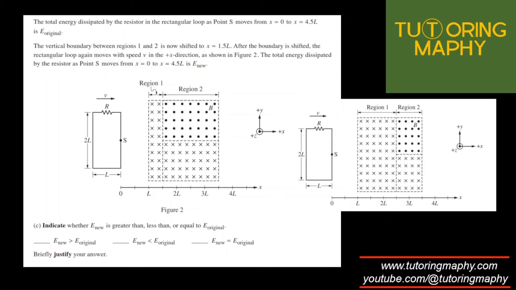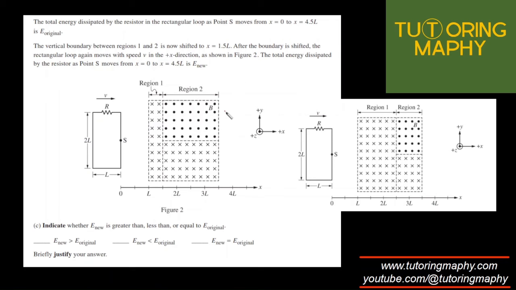That's my prima facie answer, with a very simple fact that now there is less region to induce EMF in, because it will only travel for 0.5L, and then in this entire region there is no induced EMF. No induced EMF means no induced current, and no induced current means no induced power.